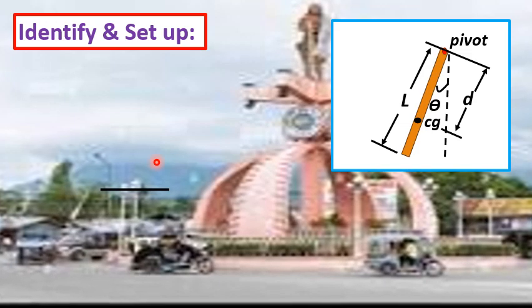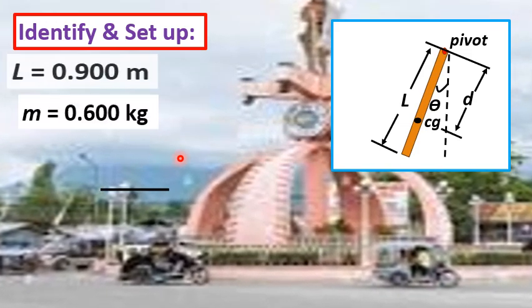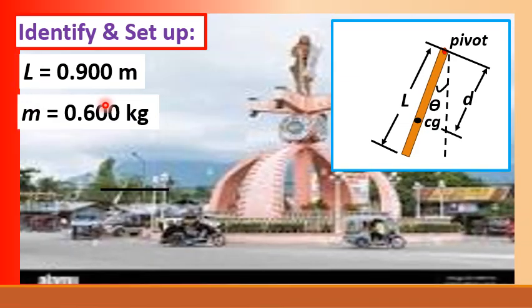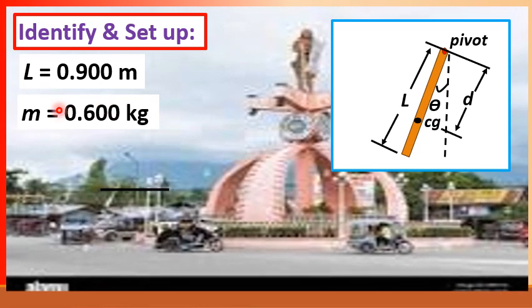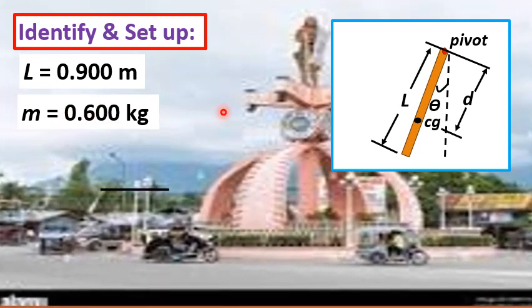As shown in the figure, we have a rod with length capital L equal to 0.900 meters and a mass small letter m equal to 0.600 kilogram.